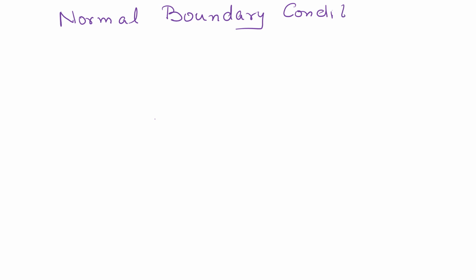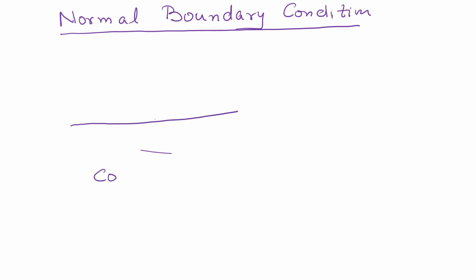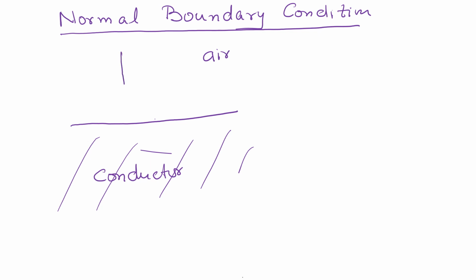Let us see what the normal boundary condition is. So, the normal boundary condition, as I have drawn it: at the bottom I have a conductor, and I have air on the top, and there is an electric field, and I'm drawing the electric field hitting into the conductor.